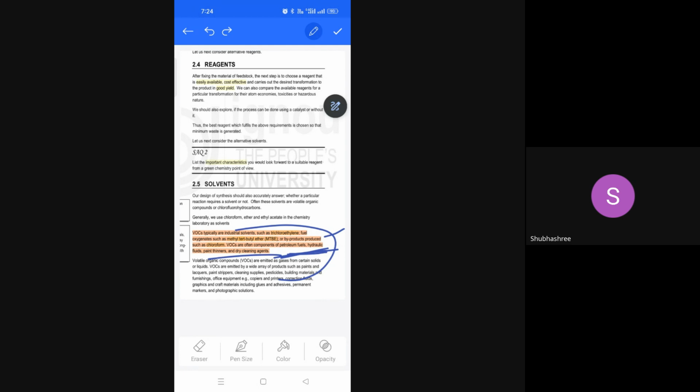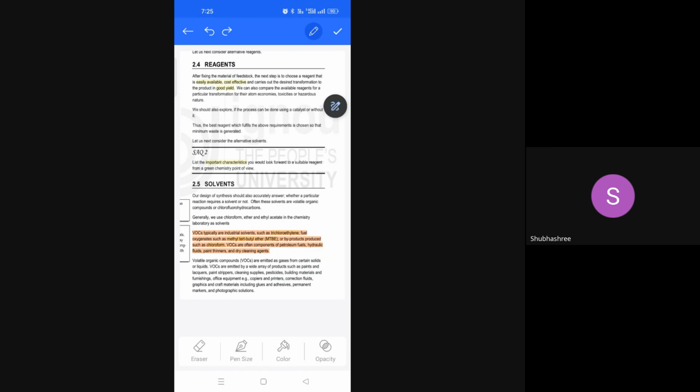VOCs are often components of petroleum fuel, hydraulic fluid, paint thinner, and dry cleaning agents. These are some examples of volatile organic liquids and organic solvents. The solvents are used depending on solubility, on the reactions, and on cost effectiveness. So many factors they depend on.